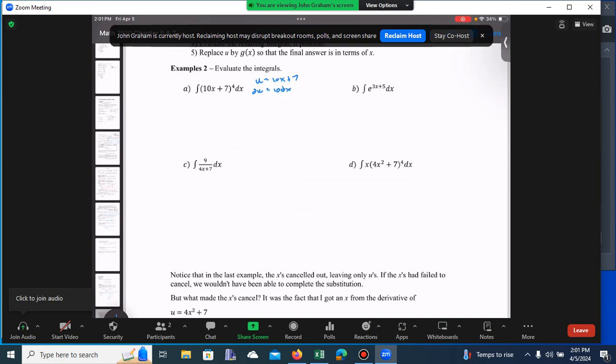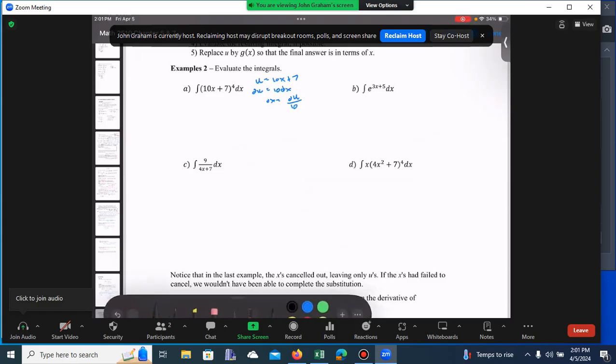Now, nothing wrong with du equaling 10 dx, but notice we don't have a 10 in front of that (10x + 7) to the 4th. We only have a dx. We actually have to solve for dx here. dx equals du over 10. That way we can substitute in du over 10 in for dx.